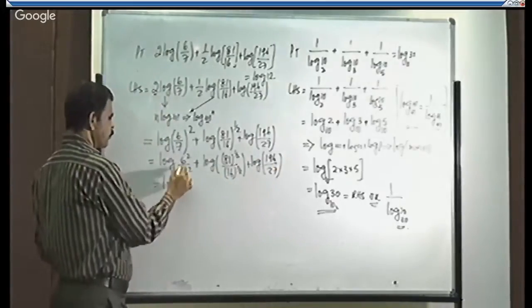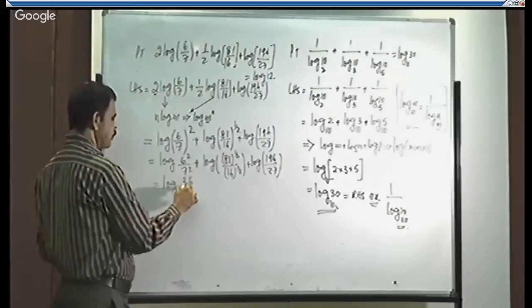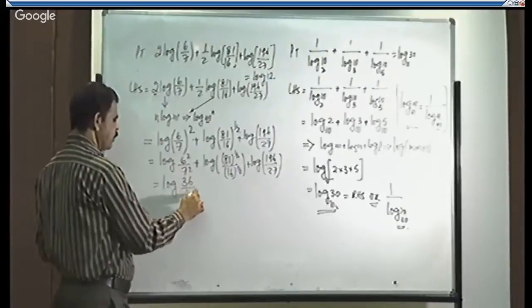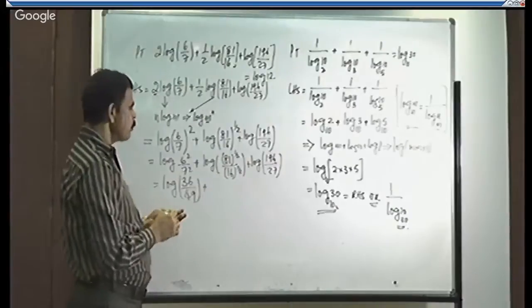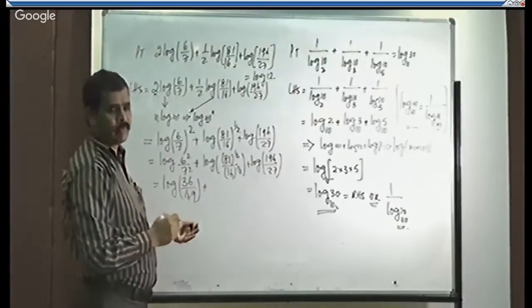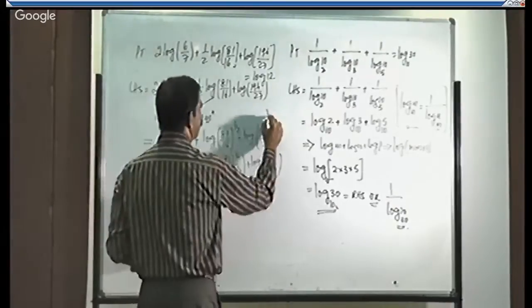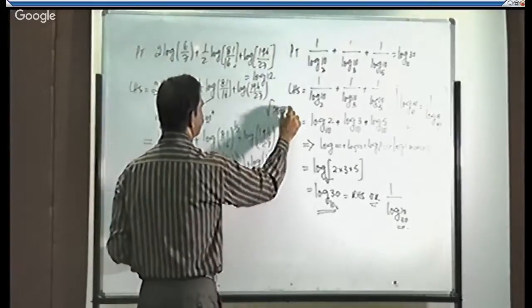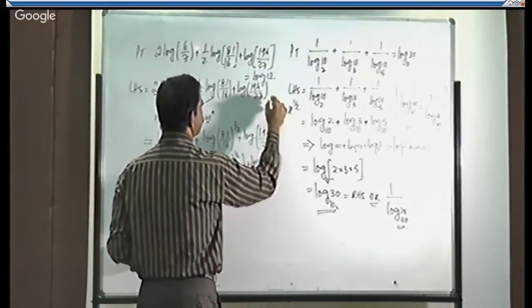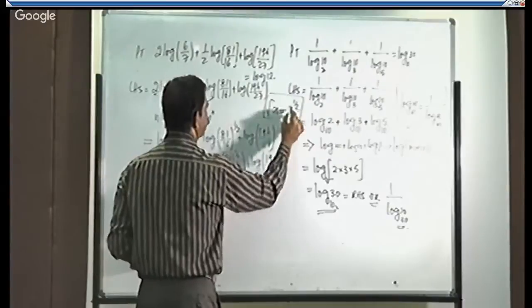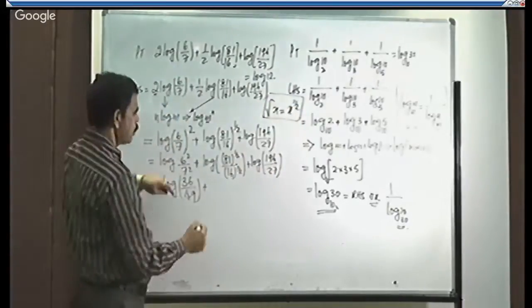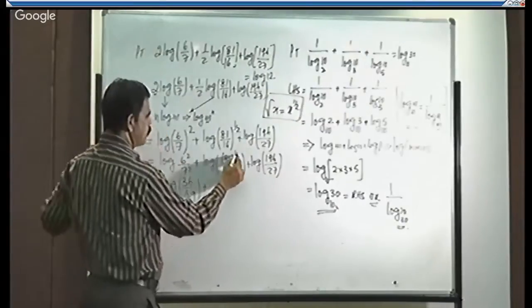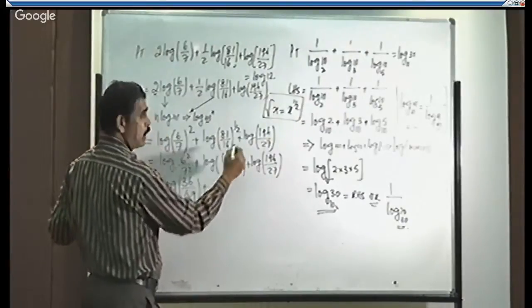Simplify first two terms. 6 square is 36, divided by 7 square is 49. Any number to the power of half is what? It will be the root, correct? Root x can always be taken as x to the power of half, or x to the power of half can always be considered as root x. According to that, 81 to the power of half means root 81.